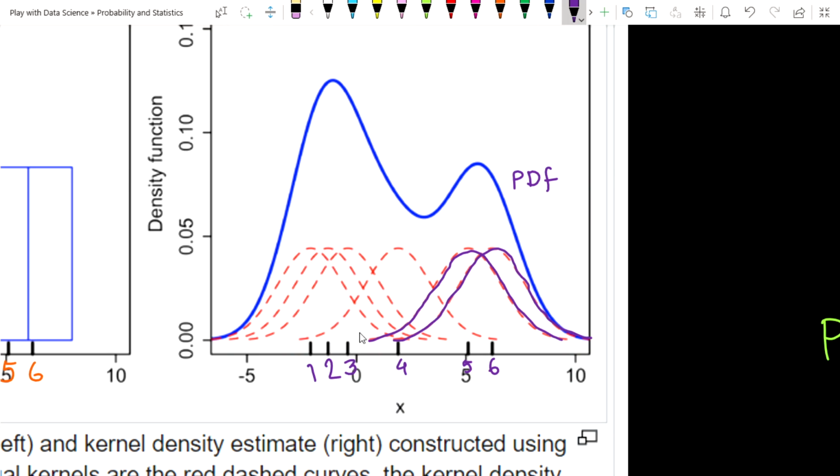Now the question is how to estimate this. Suppose we take a random point x. For that point, suppose this is the first data point, and corresponding to it we have drawn a Gaussian curve. This is the Gaussian curve for the first point, this one for the second point, and this one for the third point.